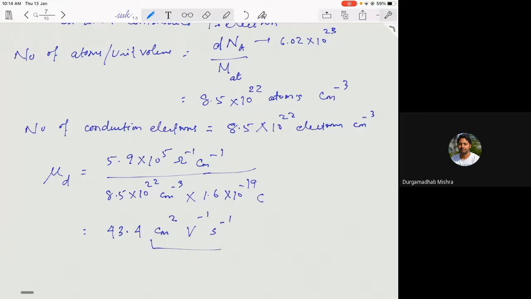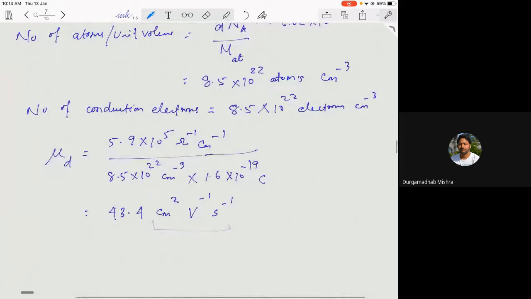So this is the unit of mobility. You can also write it as 43.4 into 10 to the power minus 4 meter square volt inverse second inverse. So this is the drift mobility in copper.